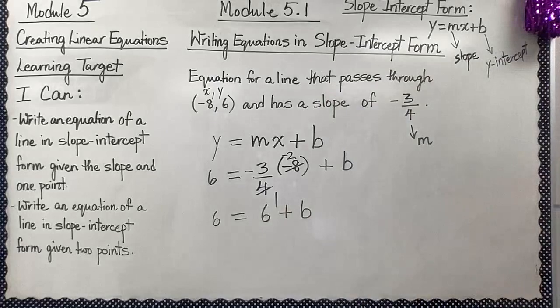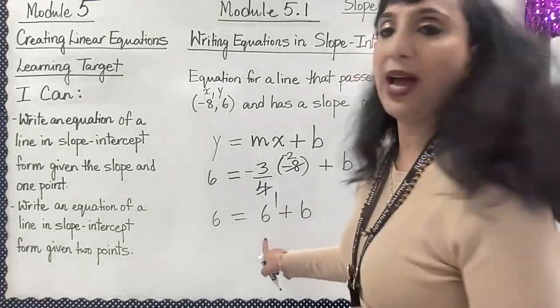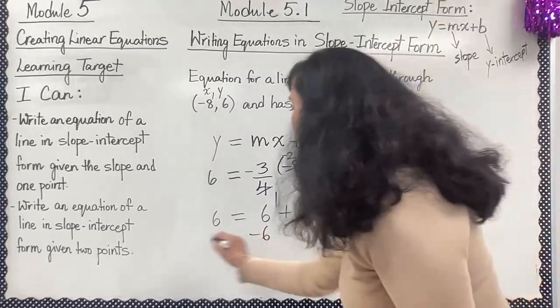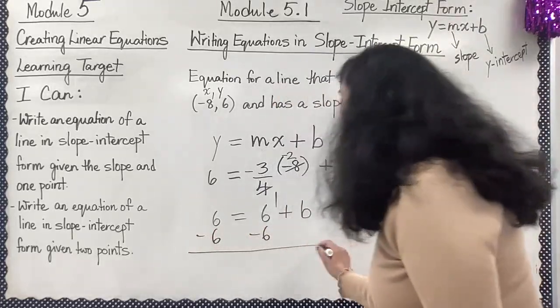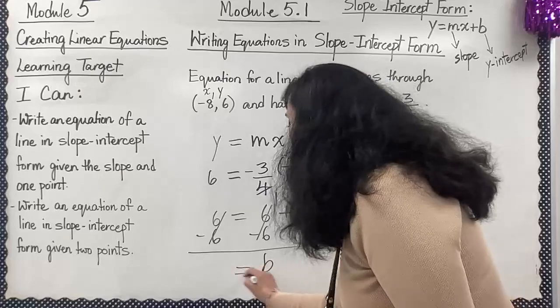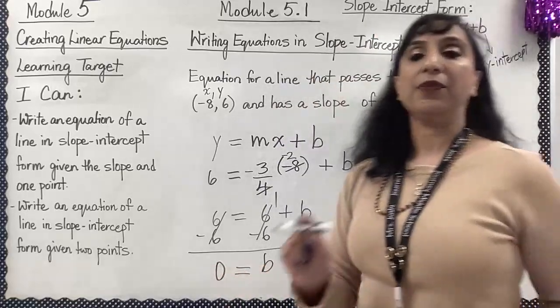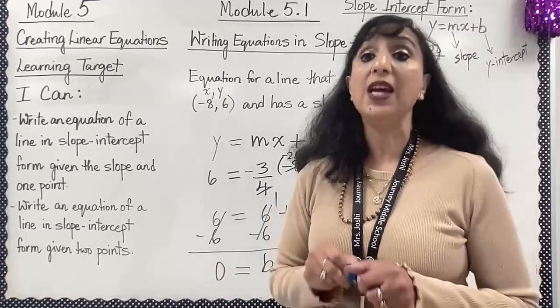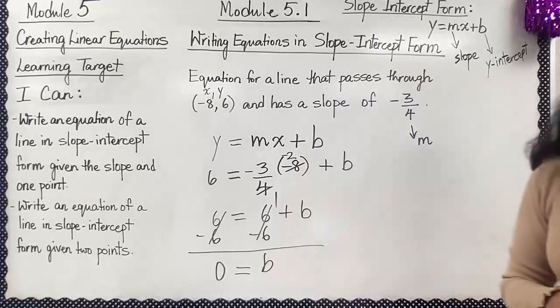And then what am I going to do? I am going to use the subtraction property of equality and subtract 6 from both sides of the equation, and I get b is equal to 0. So my y-intercept is 0.